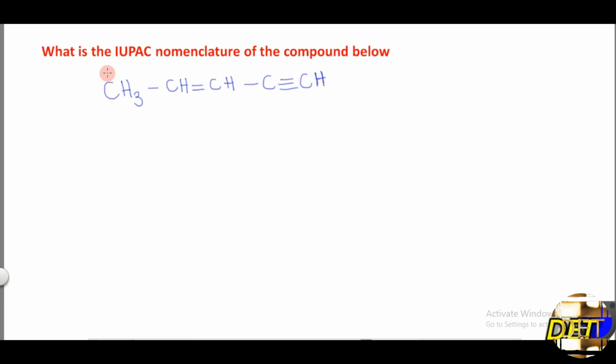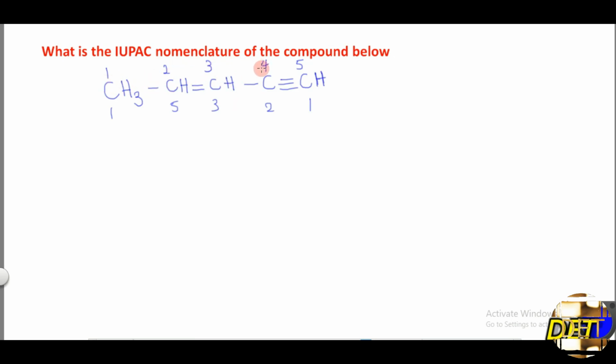So if we number from here, 1, 2, 3, 4, 5, and then we number from here 1, 2, 3, 4, 5, which of them is the correct number? Obviously, the one at the top is the correct number.